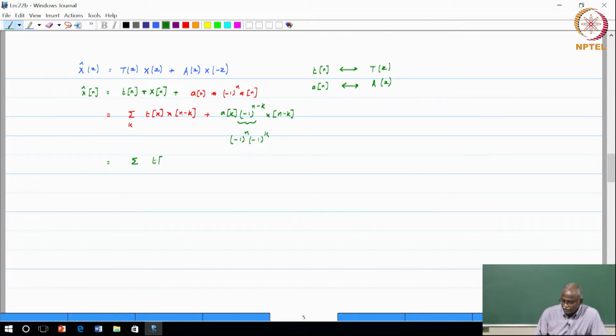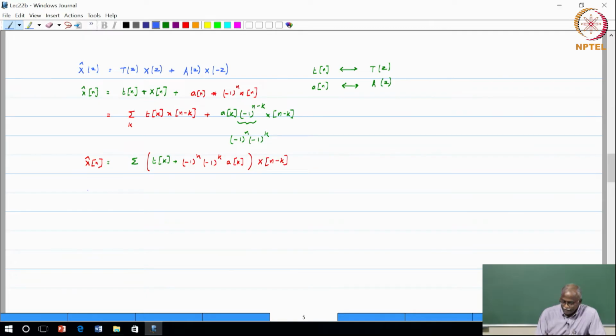It is going to be t of k plus minus 1 power n, minus 1 power k a of k, this whole thing into x of n minus k. You are probably wondering where this is heading towards. I think the insight is going to come in just the next line.